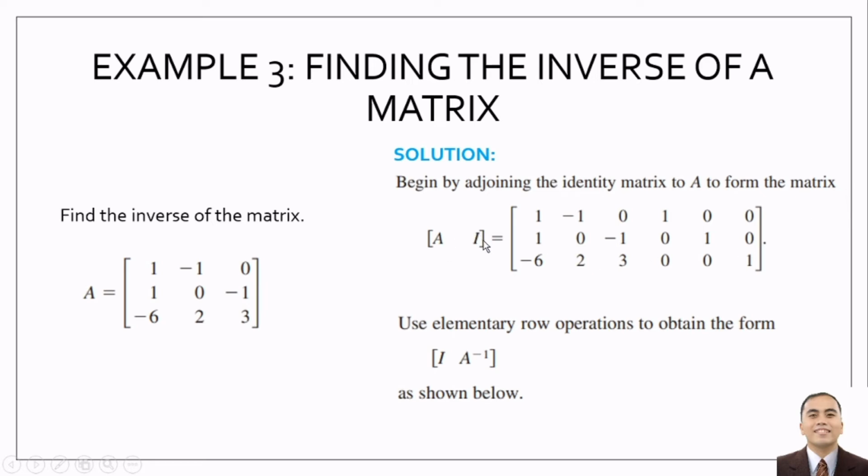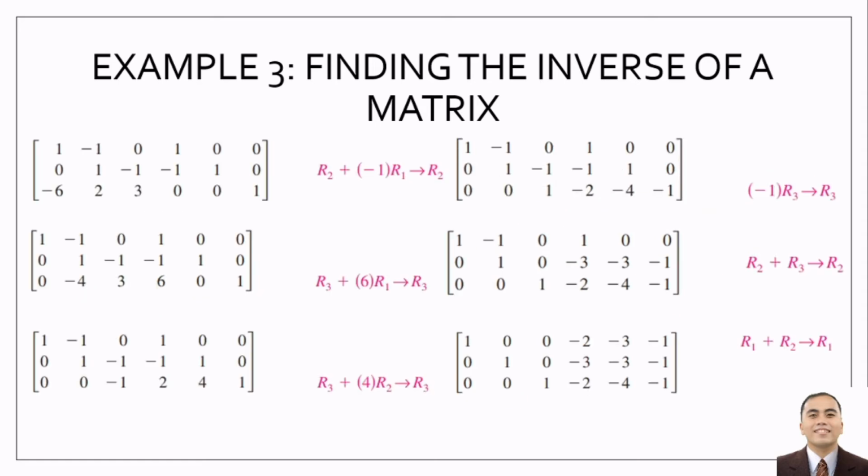So adjoining the two matrices, we will have 1, negative 1, 0, 1, 0, 0, 1, 0, negative 1, 0, 1, 0, negative 6, 2, 3, 0, 0, 1. Use the row operations to obtain the form I and A raised to negative 1, or the inverse of A, as shown below.